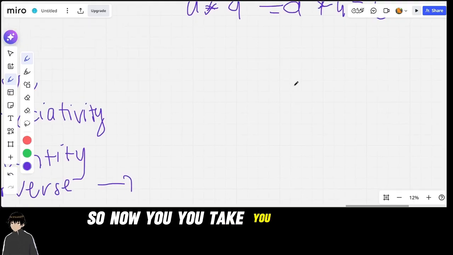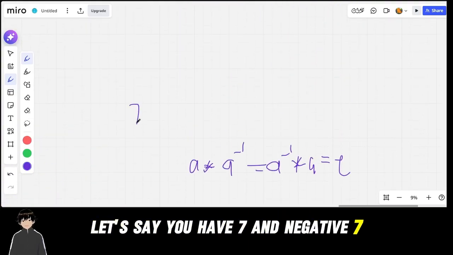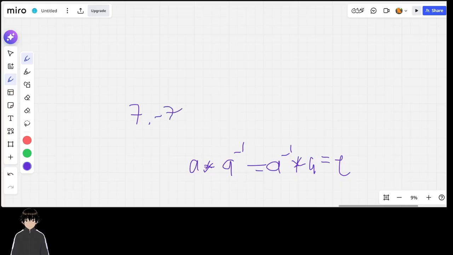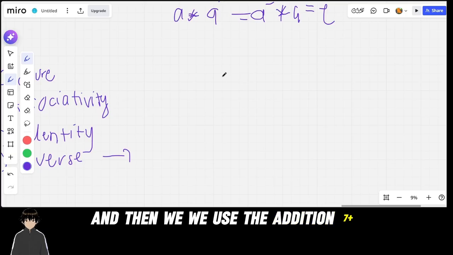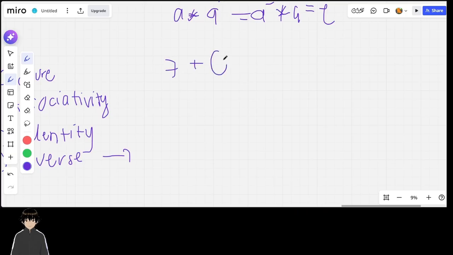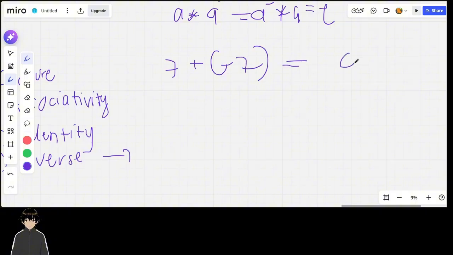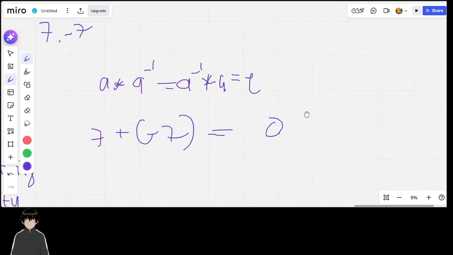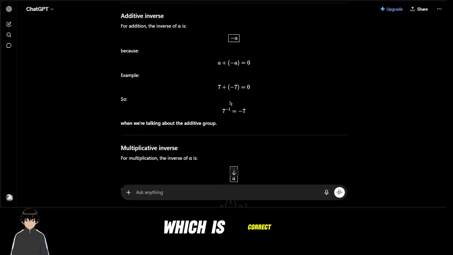So now you take 7 and negative 7, and then we use addition. 7 plus negative 7 is going to be 0. So then the inverse of 7 is equal to negative 7, which is correct.